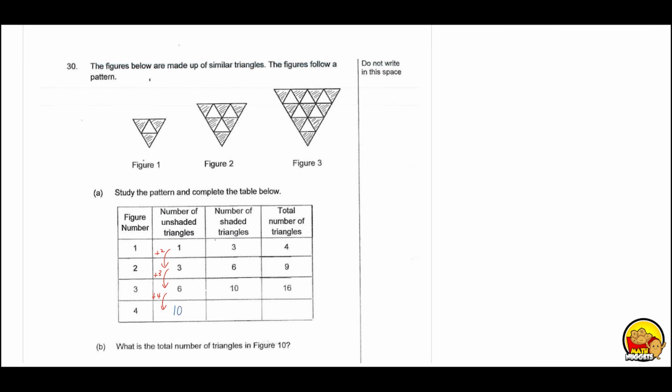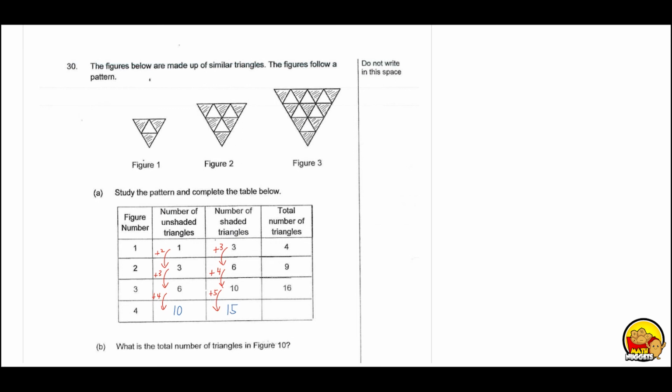And for the number of shaded triangles, 3 to get 6, that's a plus 3. 6 to get 10, it's a plus 4. So the next one would likely be a plus 5, that's 15.